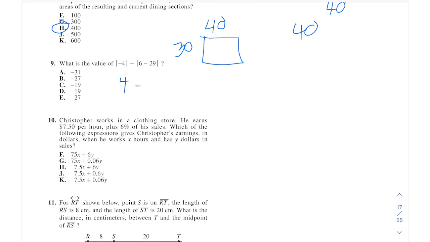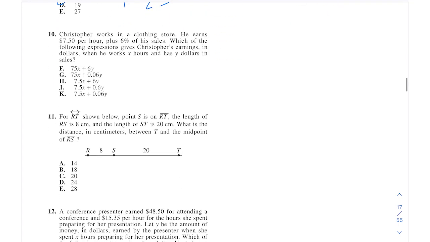So it's 4 minus negative 23, absolute value will be 23, that's negative 19. Christopher, hey, that's me. All right, Christopher works in a clothing store. $7.50 per hour would be the x, and then plus 0.06 times y.